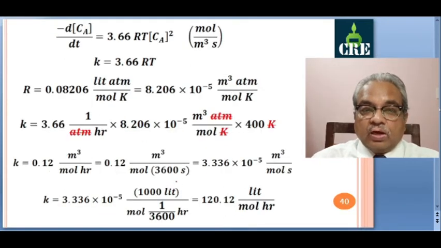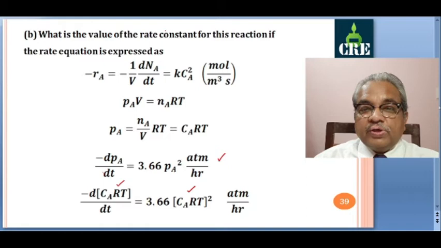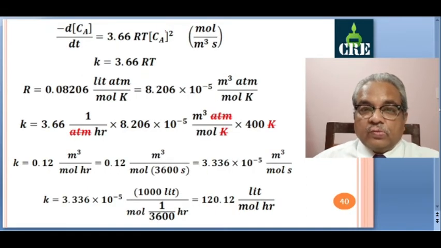Then RT on this side is transferred to this side. So RT square by RT becomes RT. Minus dCa by dt is 3.66 into RT into Ca square. We want it in terms of kCa square, so K we have to find out, and we want this in moles per meter cube per second. So K is 3.66 into RT.